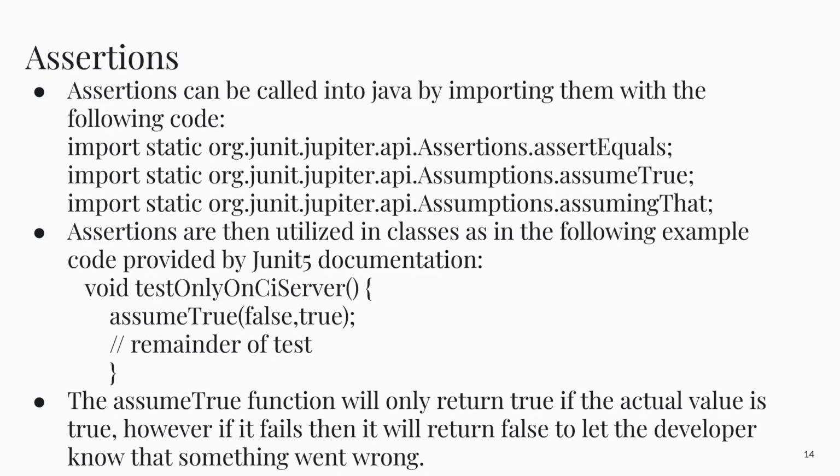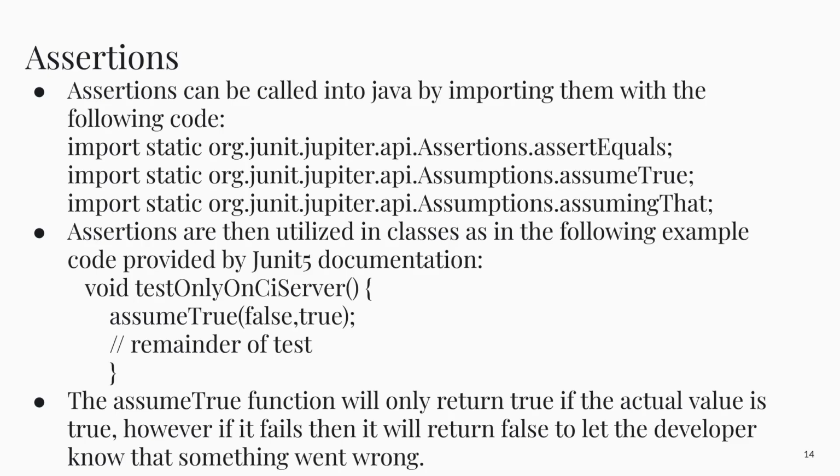Assertions are then utilized in classes as in the following example code provided by the JUnit 5 documentation. And in the example above, we can already see that the function assumeTrue will only return true if the actual value is true.